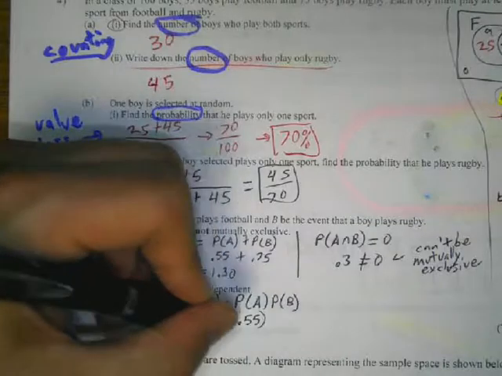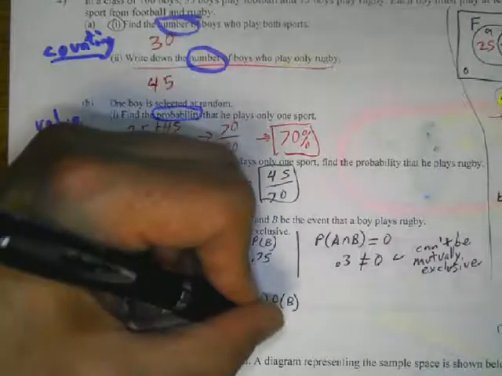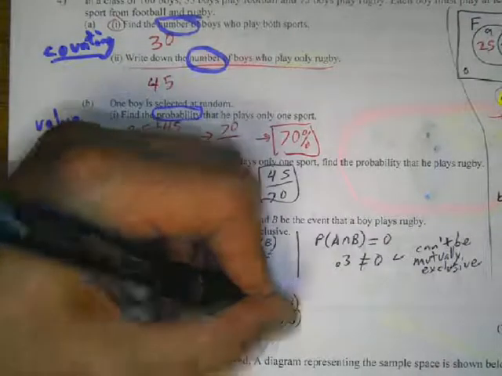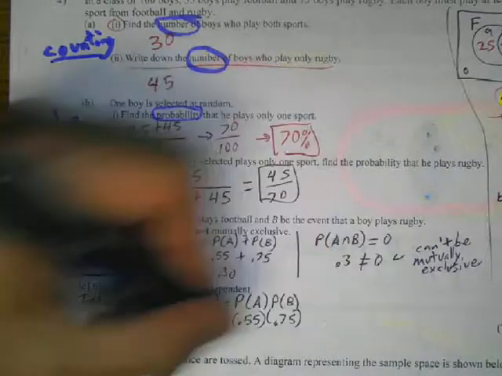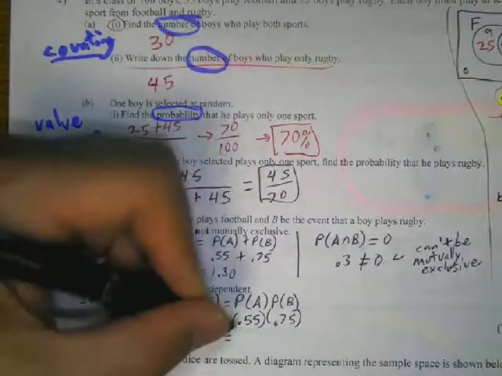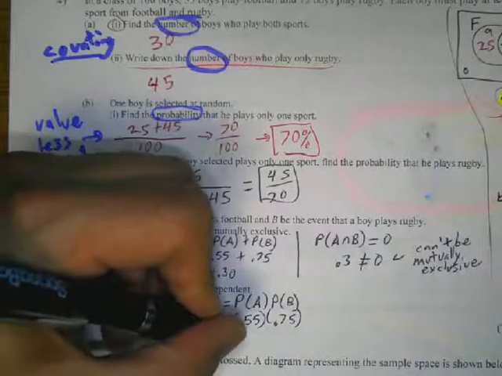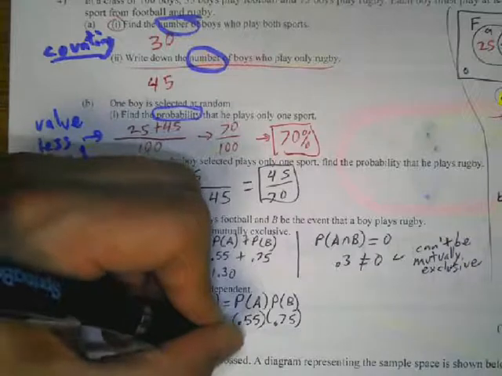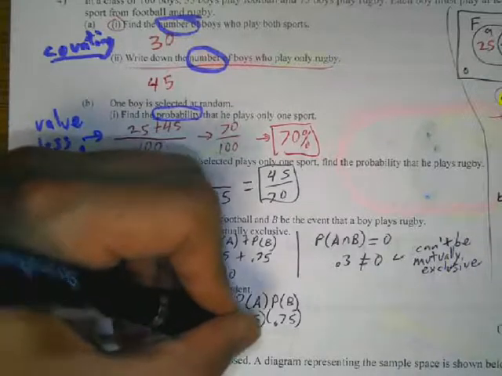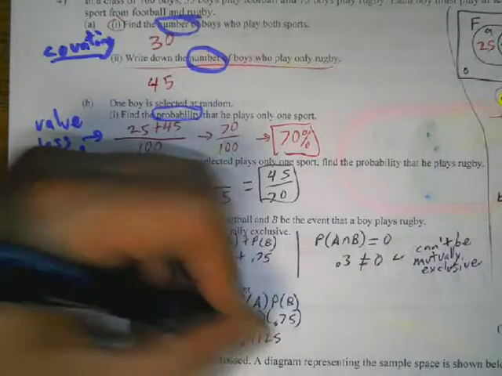The probability of B is 0.75. And that's going to give us 0.4125 if you use a calculator.